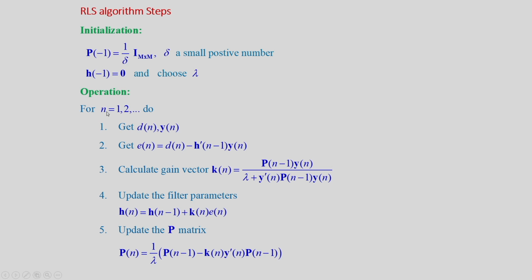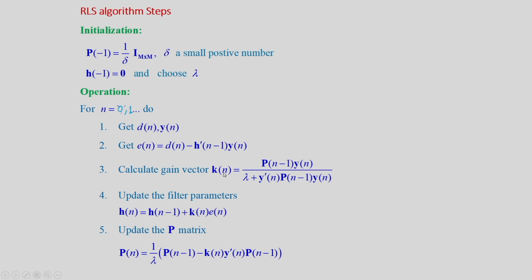Now, the operations are for n equal to 0, 1, etc. Get dn and yn; this is the desired signal, and this is the input data. Then find the error, en is equal to dn minus h transpose n minus 1 into yn.